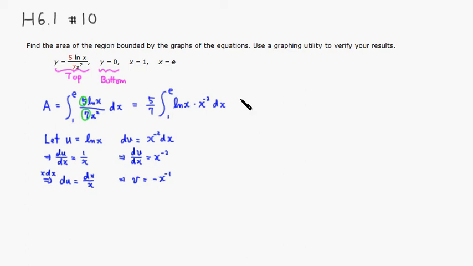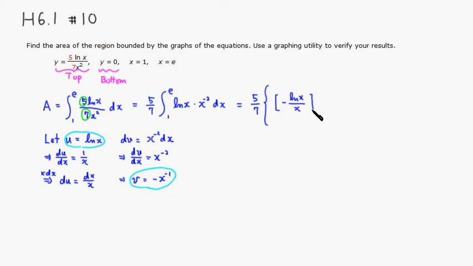So let's go through this. This is going to be equal to 5/7 on the outside. Then you have a bracket. We're going to do u times v, so it's going to be negative natural log of x over x, since x to the negative 1 is 1 over x.